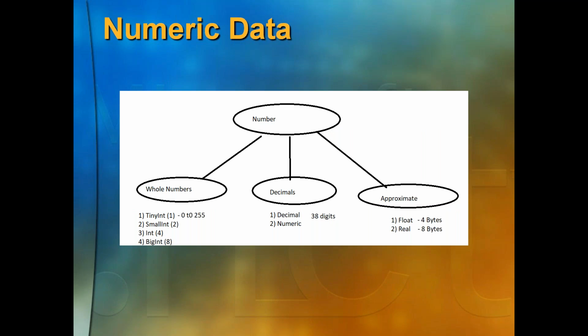Now, if you want to store numerical data, we have whole numbers, then decimals, and approximates. Whole numbers means we have tiny int, small int, big int. These store data without decimals. If you want to store data with decimals, we have decimal and numeric, and approximates means real and float.